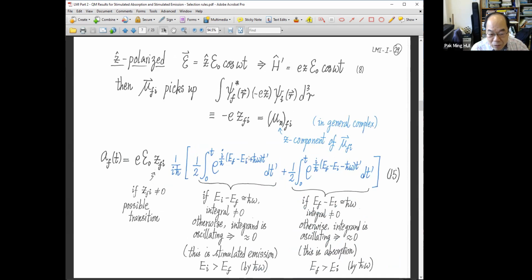One has to do with the plus i h bar omega t prime. Another has to do with the minus i h bar omega t prime term. Okay, so we have two different terms.